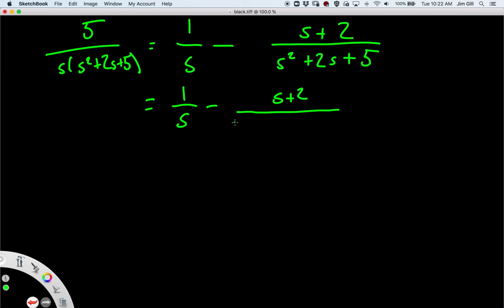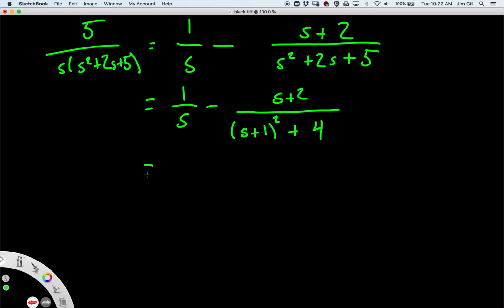Now to complete the square with 2s, the only way is to have s plus 1 squared. So s squared plus 2s will be part of s plus 1 squared. But there's another part, there's a 1 squared. So I can take that away from 5, and now I have the exact same thing as I had before.